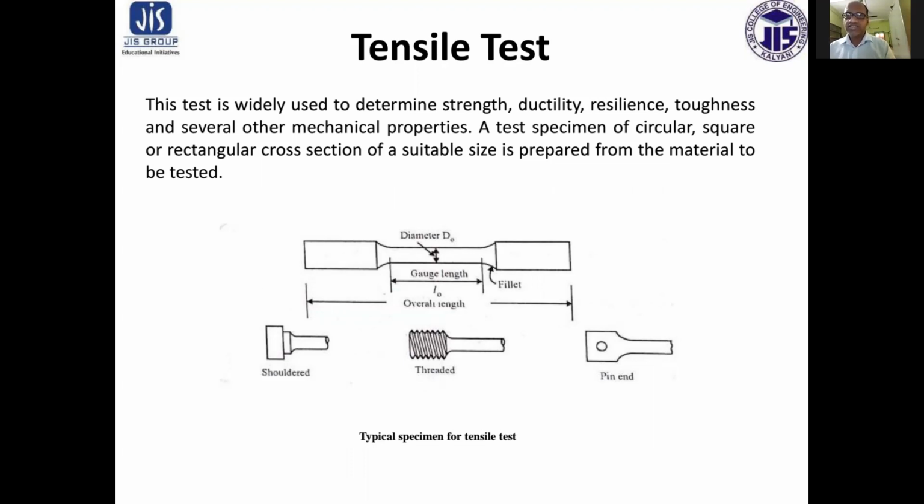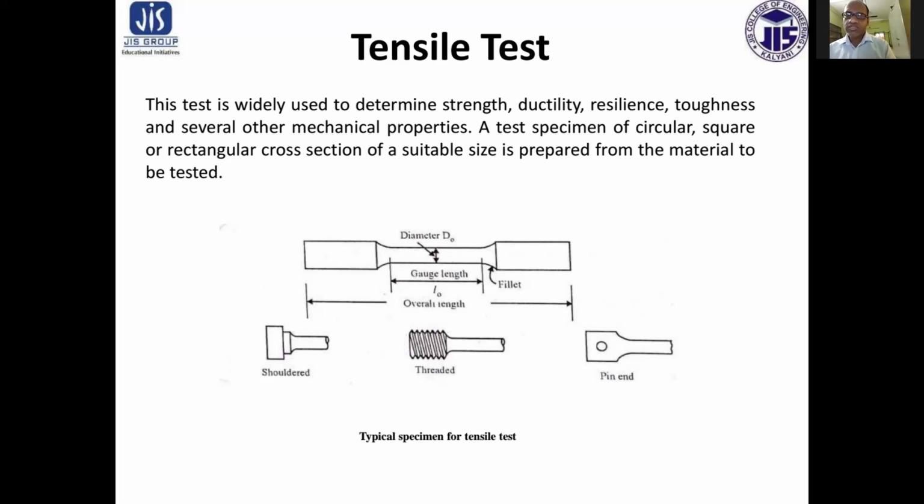As we can see, in the test specimen there is the overall length, and the gauge length upon which we focus our consideration, and at the two side parts some length is left to hold the specimen in the jaws of the machine. The diameter D0 is normally a standard one, that is 10 millimeter, 15 millimeter, 20 millimeter, etc. And the standard gauge length is 5 times the effective diameter.